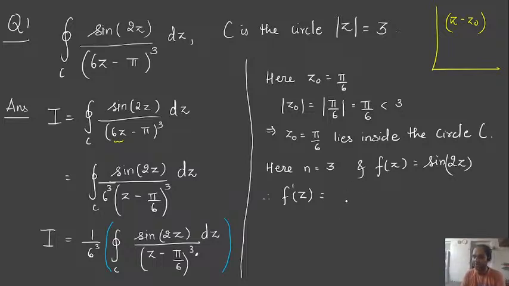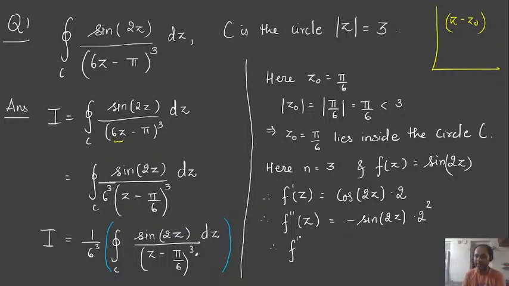The derivative of sine is cos 2z into 2. Again you calculate the derivative, f double dash of z, that is going to be minus sine 2z into 2 squared. Okay, now this derivative is to be evaluated at the point z0.